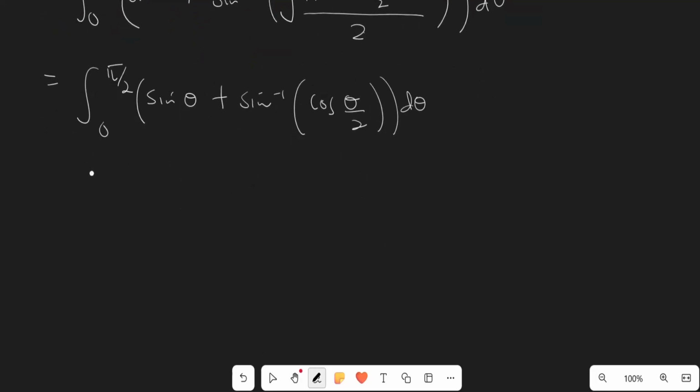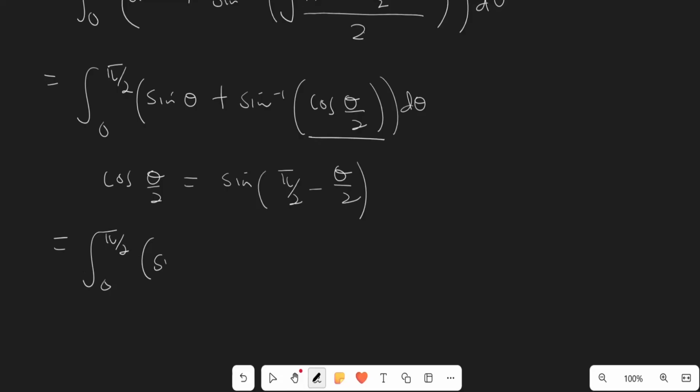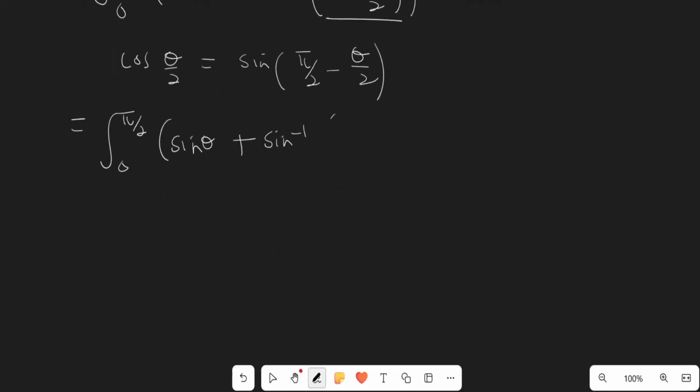And we know that cosine theta over 2 can also be written as sine of pi over 2 minus theta over 2. From the double angle identity, sine of pi over 2 minus theta over 2 is the same as cosine theta over 2. So we can replace that in the integral, 0 to pi over 2 of sine of theta plus sine inverse of sine of pi over 2 minus theta over 2, d theta.